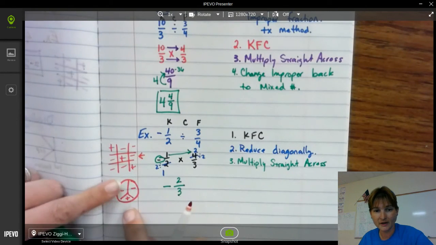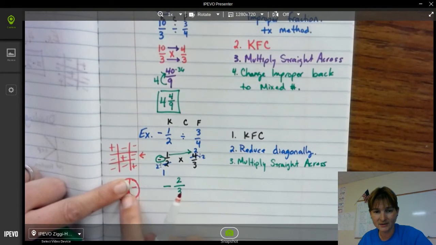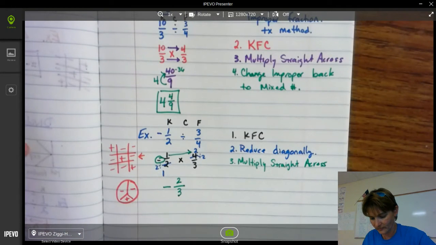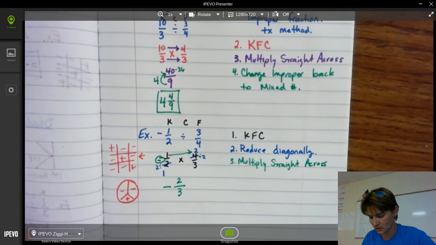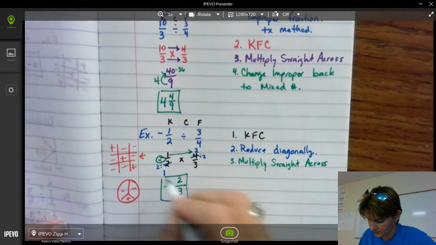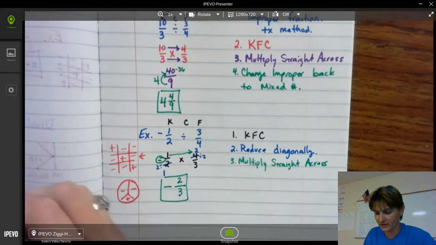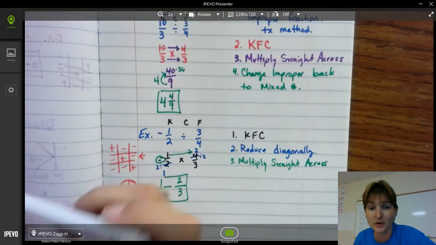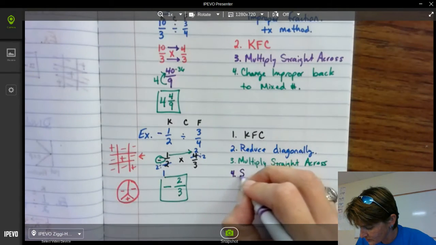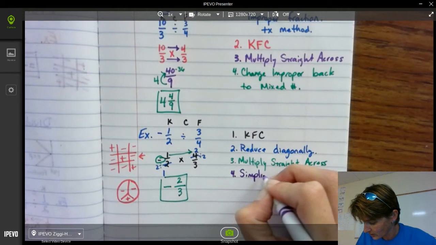By covering it up, a negative times a positive equals a negative. So our answer is negative 2/3. Okay, obviously, well, maybe not obviously, but the very last step that you always want to consider is always to simplify or reduce.